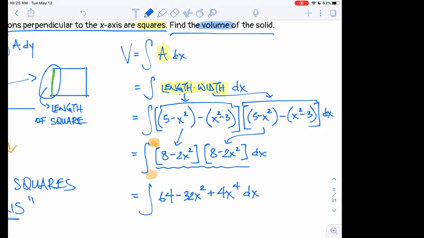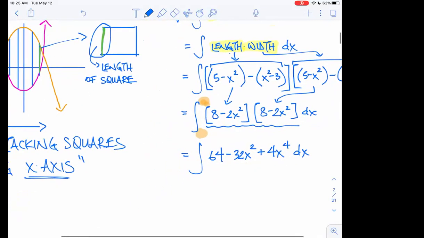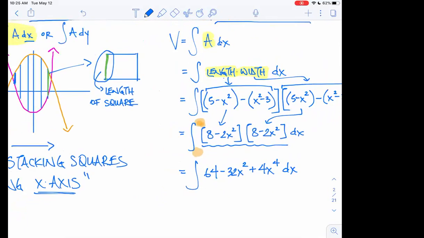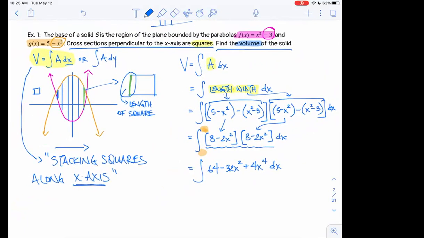Okay, so that's just foiling out our answer. Now let's also think back to Thursday's lesson. Sometimes in the area problems, they tell us where to start and stop. But in the cases where they don't, what was our strategy to find our A's and B's?